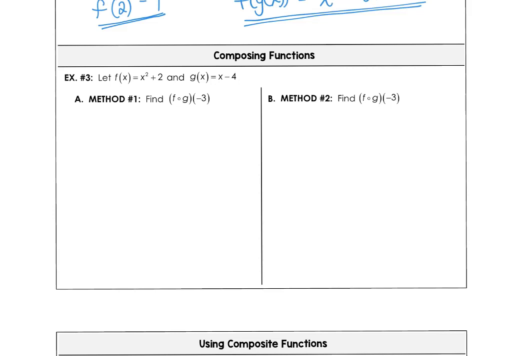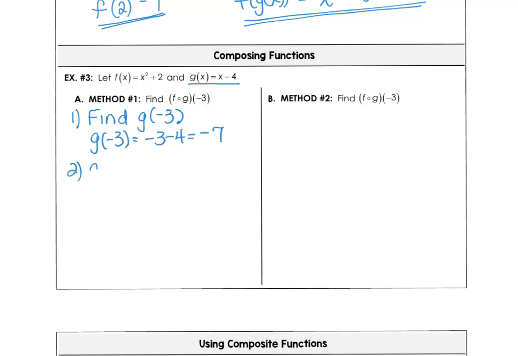So let's give it a try here in example 3. First, in both cases, we're going to find the f of g of negative 3. The first method we want to use is that we are going to find the g of negative 3. We're going to do that first. So the g of negative 3 is going to be negative 3 minus 4, which is negative 7.